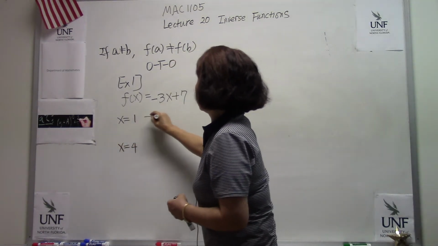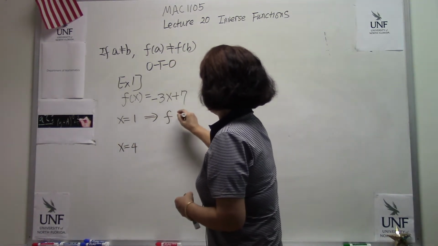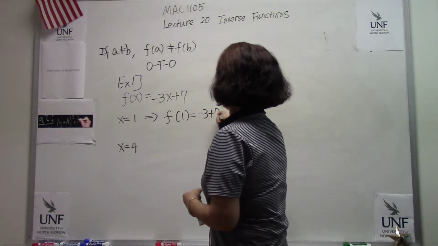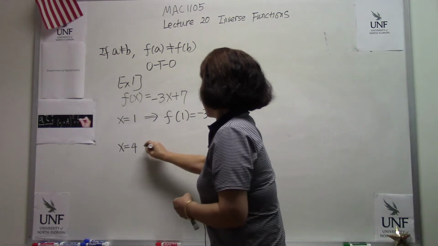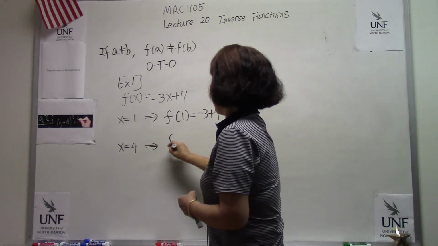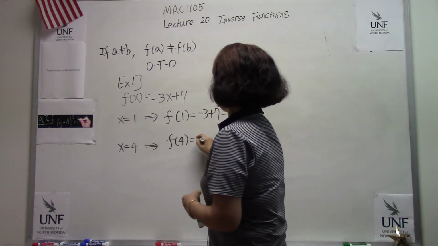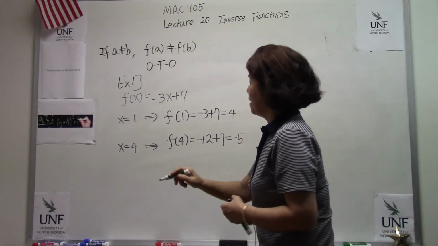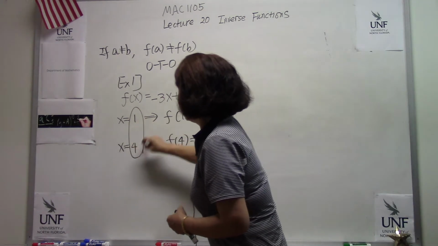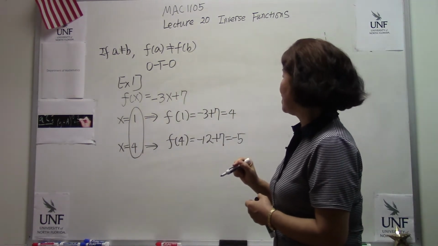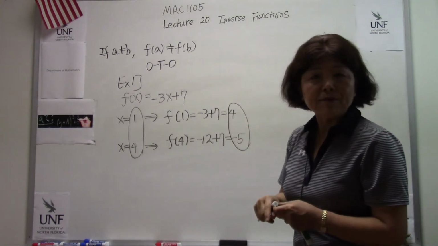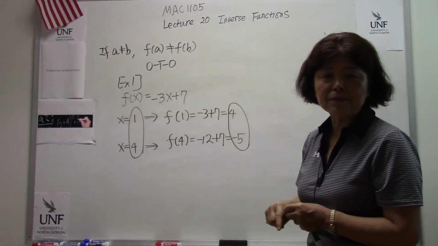See what happens. f of 1 is negative 3 plus 7, which is 4. And when x equals 4, f of 4 equals negative 12 plus 7, which is negative 5. We started with two different inputs, 1 and 4, and we end up with two different outputs, 4 and negative 5.